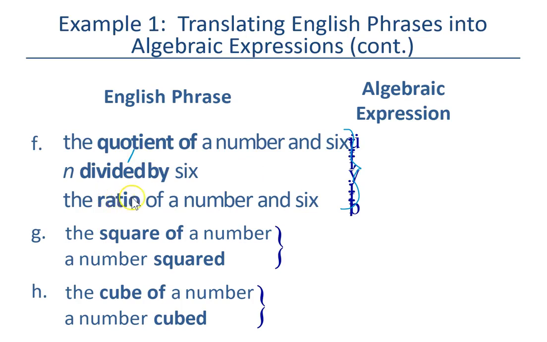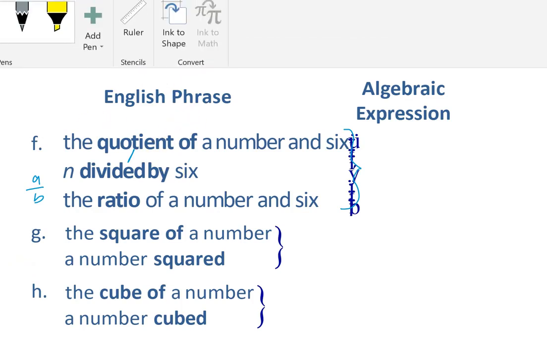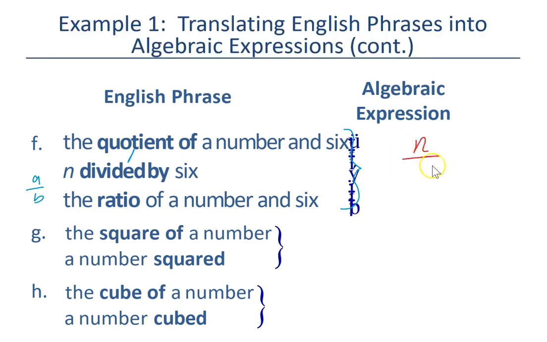Remember ratio, that's the same thing as a over b, a rational number. Let's think how we write that. The quotient of a number and 6. The square of a number, that's always going to be a power, the square of a number or a number squared. Let's just use a number squared.